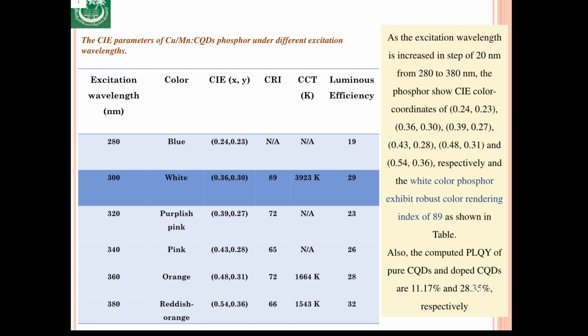These CIE parameters are basically suitable for lighting purposes, in that this one single copper manganese doped carbon quantum dot can be used as a phosphor of different colors when excited with different wavelengths, and can also itself be used as a white light emitter when excited at 300 nanometer light.